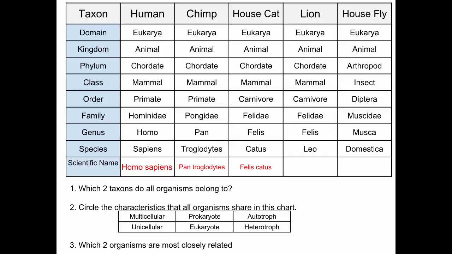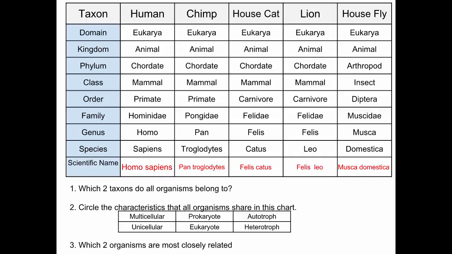A lion. Kyle? Felis leo. And a housefly, last one. Lindsay? Correct. Musca domestica. So when you write those, just make sure you capitalize the genus name on each one.